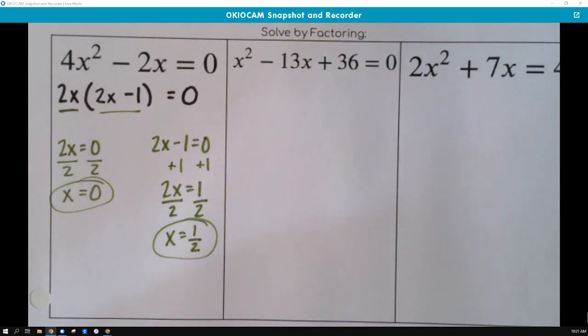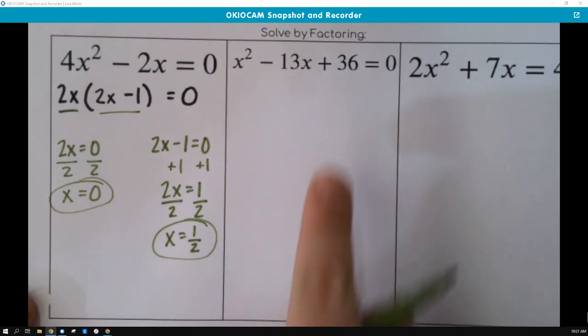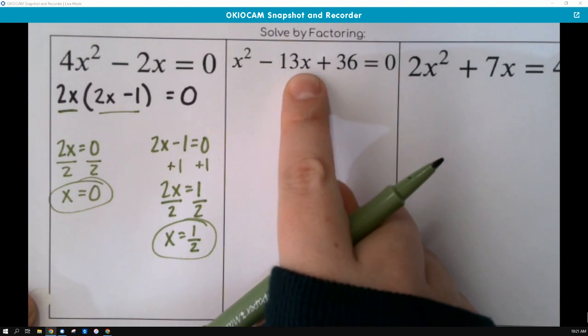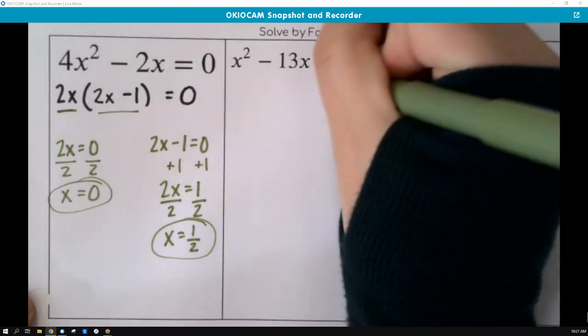Okay. Next one, we've got x squared minus 13x plus 36. If you have 3 terms and your first term is just x squared, all you need to do is find 2 numbers that multiply to 36 and add to negative 13.